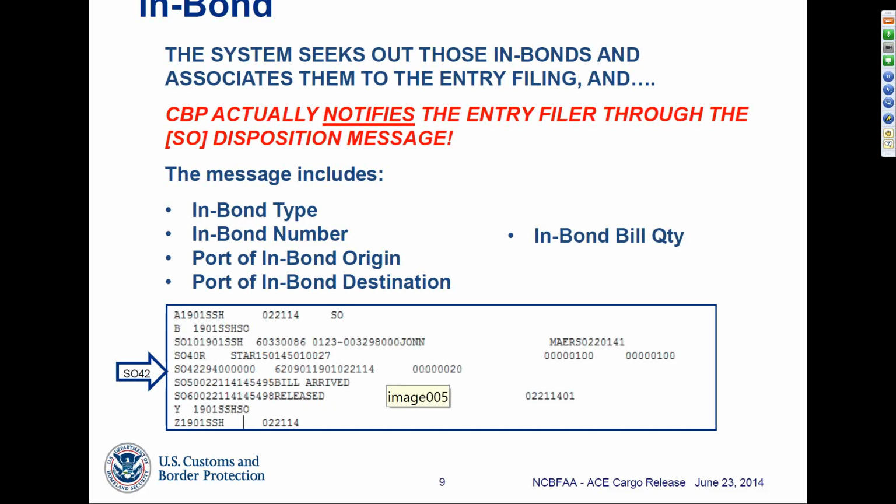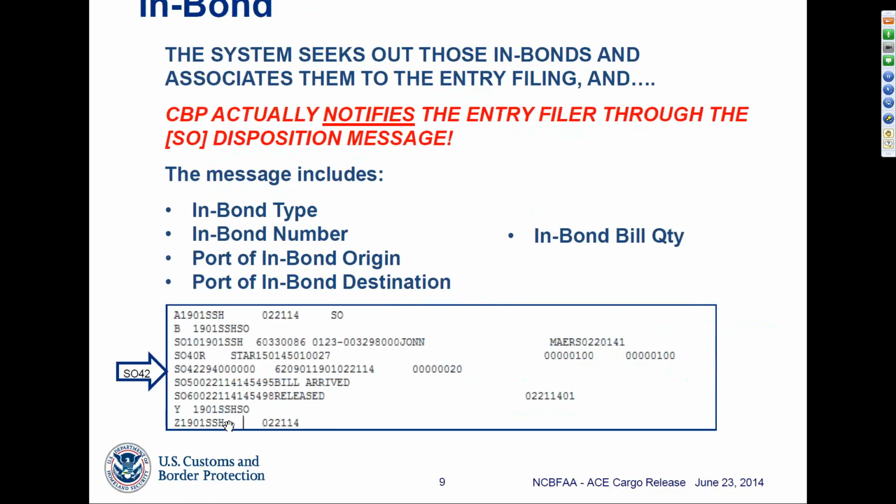So that's something that you've had to seek out yourself before, and we automatically tell you. So you have this information for your entry summary, and we look with smart logic from the port of unlading all the way to the port of entry for this bill of lading.